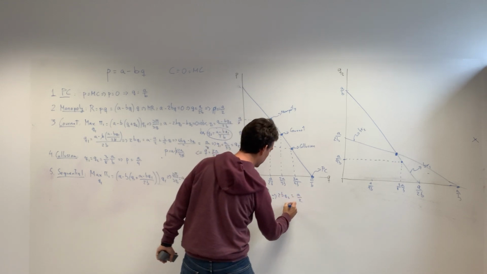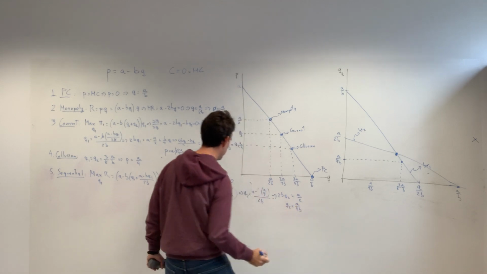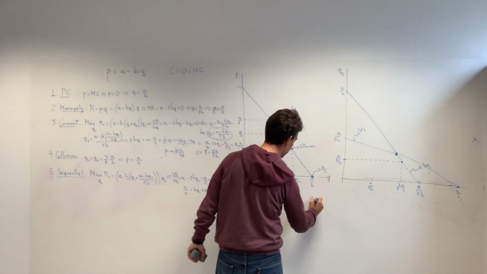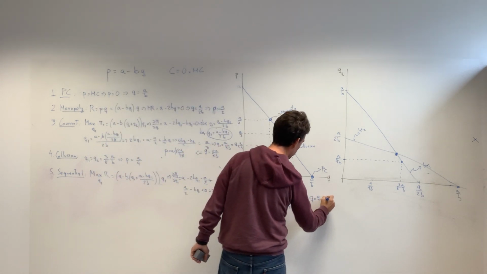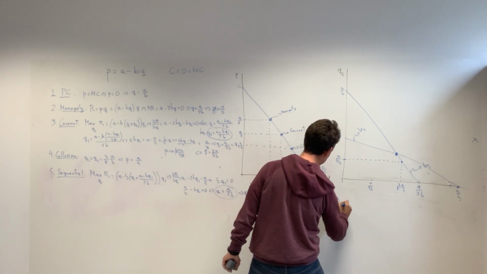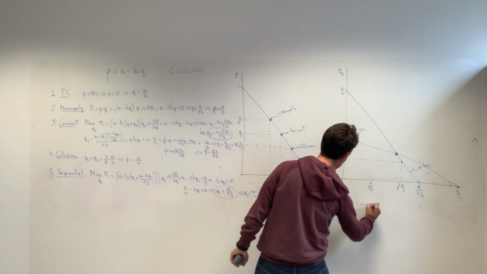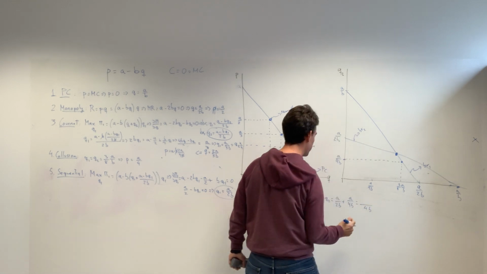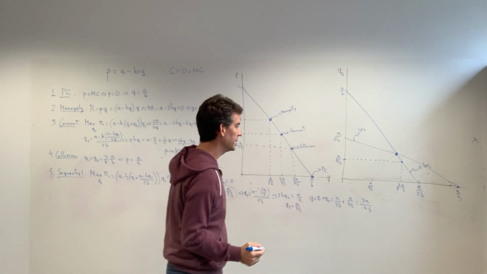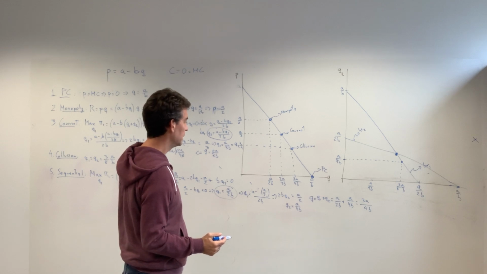So Q2 equals A divided by 4B, right? And therefore, the total quantity is Q1 plus Q2, which is A divided by 2B plus A divided by 4B. So in total, this is going to be 3A divided by 4B.